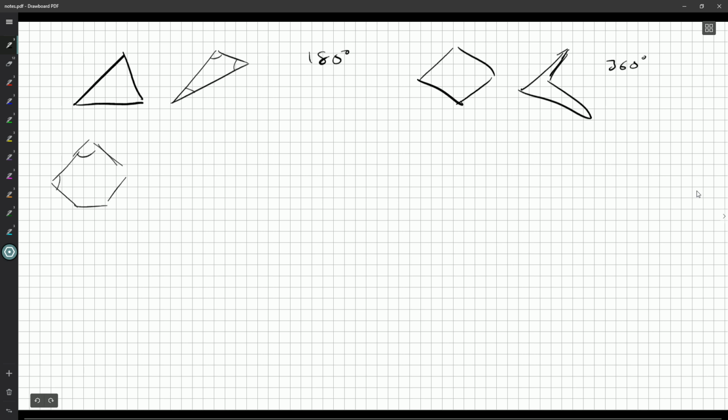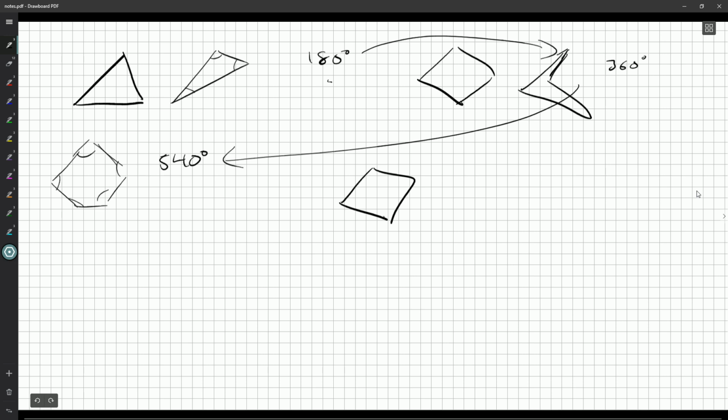The sum of the interior angles will always be 540 degrees. And if you're not seeing how we're getting these numbers, you go up by 180 each time, because to make a pentagon, you basically just add a triangle onto a quadrilateral. The triangle's interior angles sum to 180, so we just add on 180 each time.